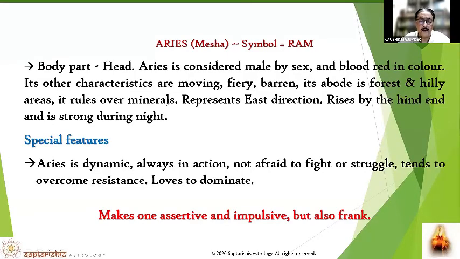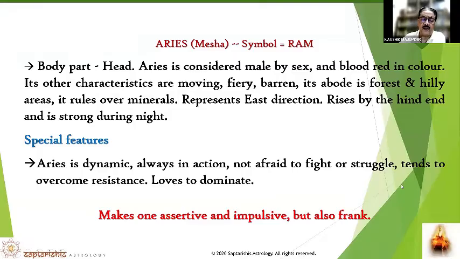Aries will always be in action. Aries will not be afraid to fight or struggle. Aries tends to overcome resistance. Aries loves to dominate. These are a few of the qualities. When we do the course, many more qualities of Aries will come. It cannot be tabulated in one or two pages and given to you.